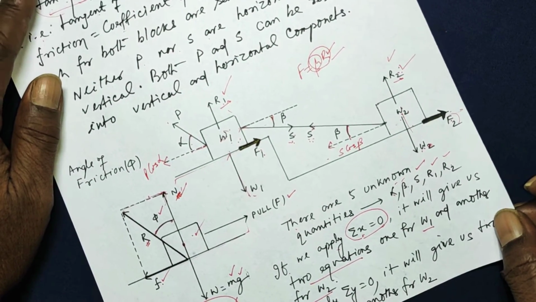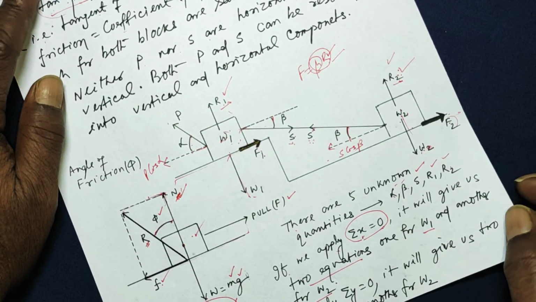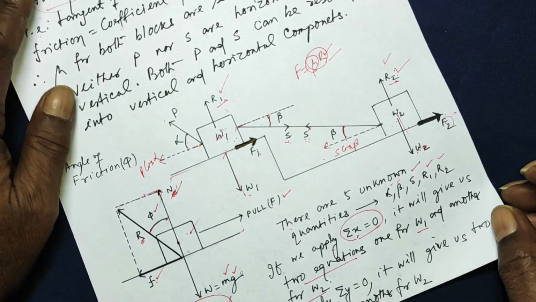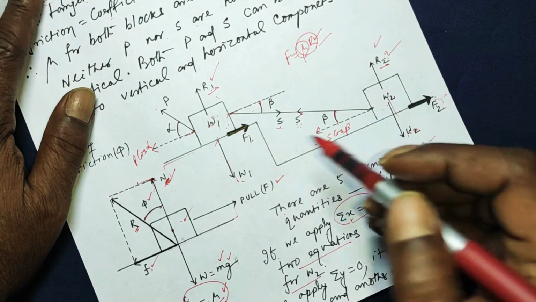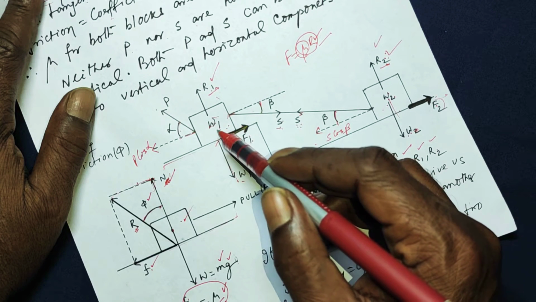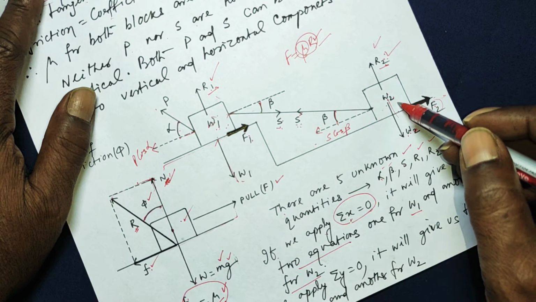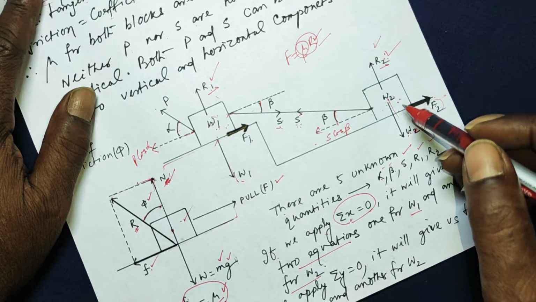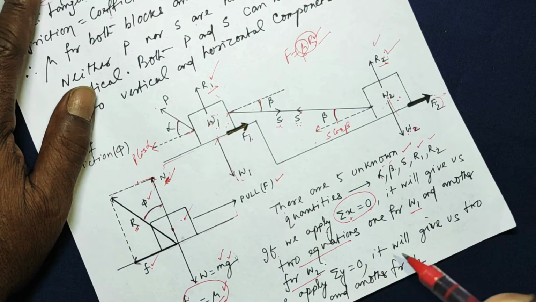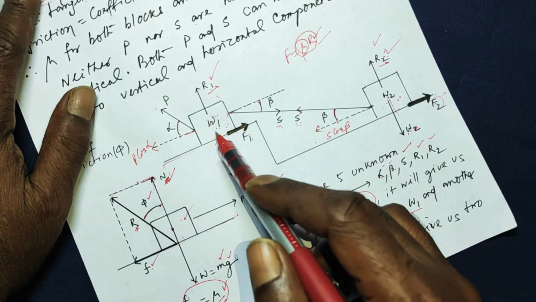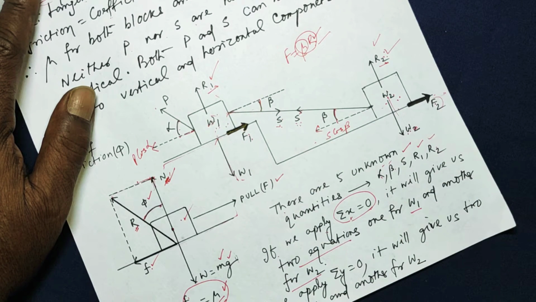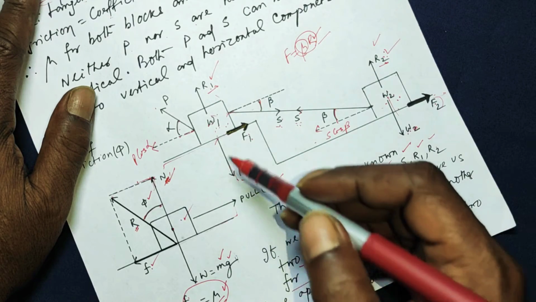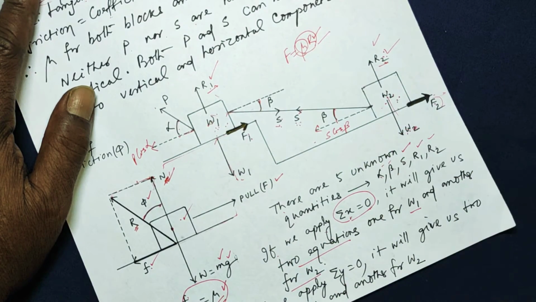Similarly, if you apply sigma y is equal to 0, that is, the sum of the forces along the y-axis is 0 for equilibrium, you will have one equation here and another equation here. So by applying sigma x is equal to 0, there are 2 equations, and by applying sigma y is equal to 0, there are 2 equations.